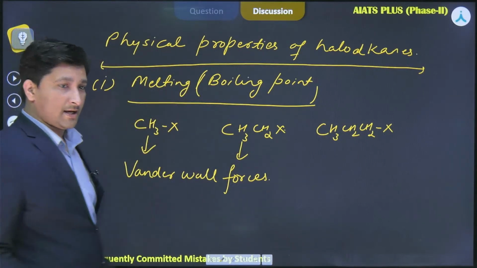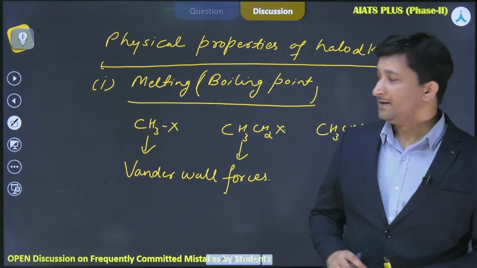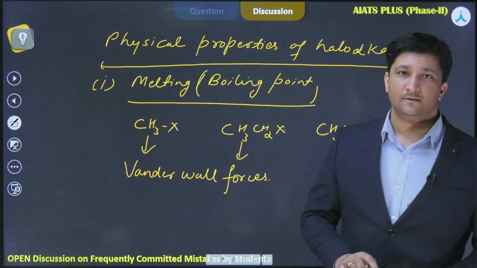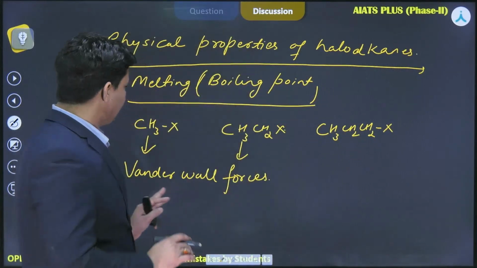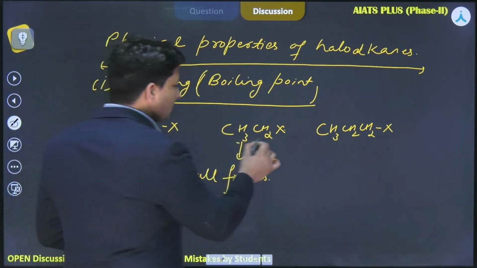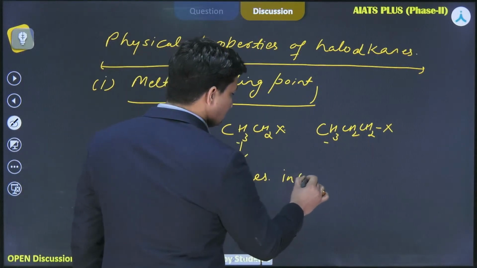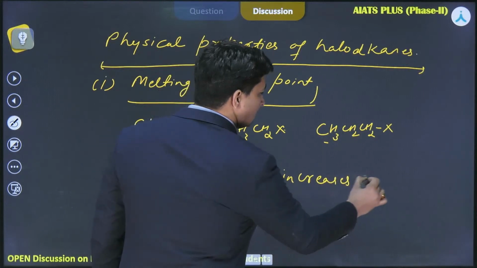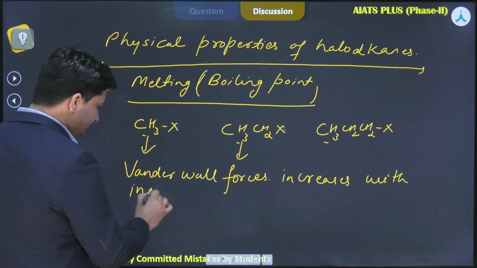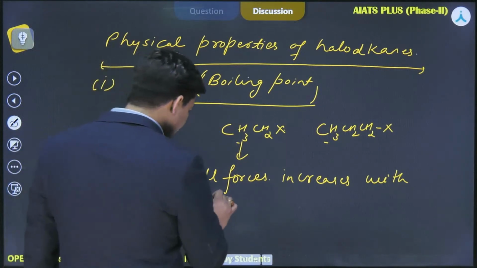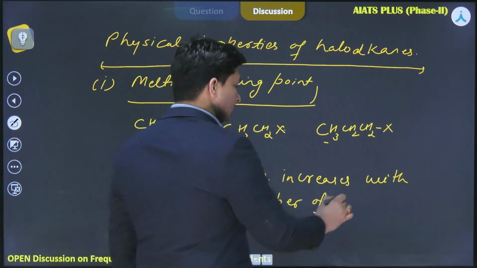ठीक है, तो केमिस्ट्री में हम ग्रेविटेशनल फोर्स नहीं कहते, हम इसको वैन डर वाल फोर्स कहते हैं. ओके, तो जैसे जैसे मास इंक्रीज होगा वैसे वैसे वैन डर वाल फोर्स भी इंक्रीज होंगी. ठीक है, तो जैसे नंबर ऑफ कार्बन इंक्रीज कर रहा है वैसे वैसे वैन डर वाल फोर्स इंक्रीजेज with increase in number of carbon.